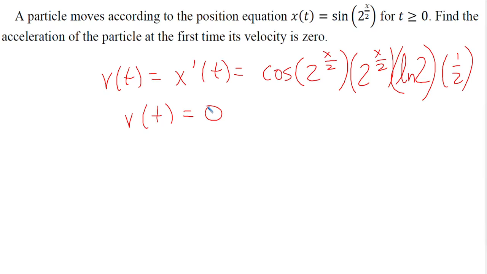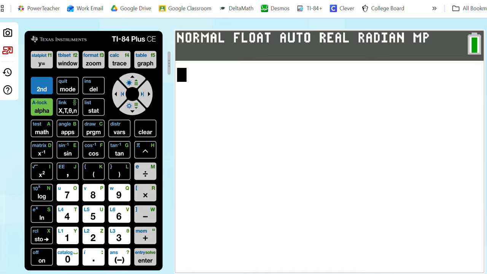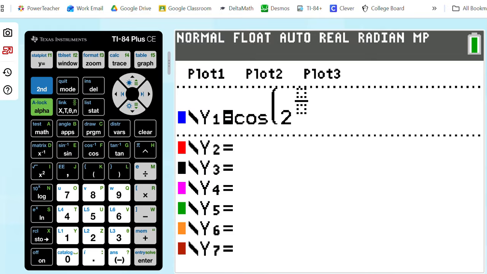So what we'll do is we'll just go in and graph that function. So we'll go back into our Y equals, clear that out, and we'll type in that function. So that function was cosine of 2 to the power of x over 2.